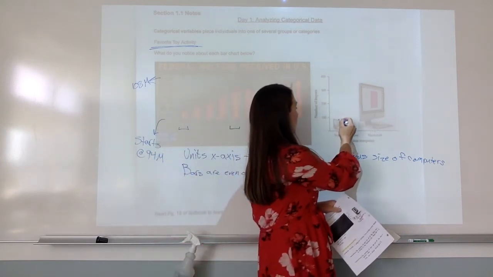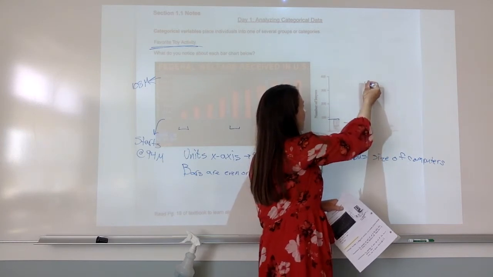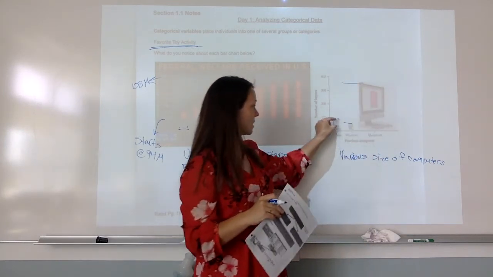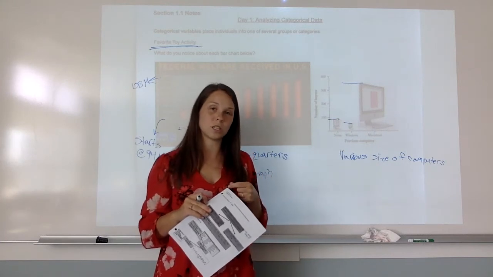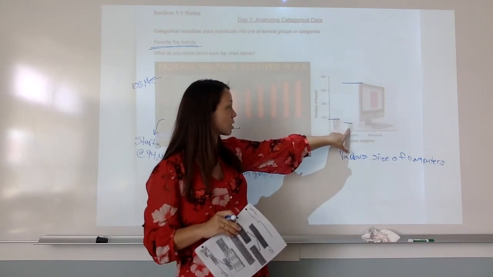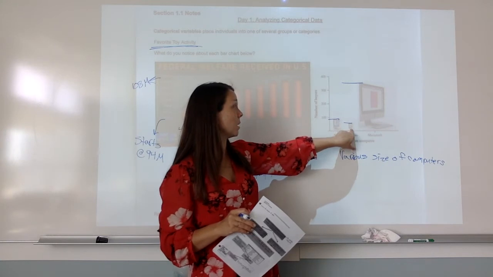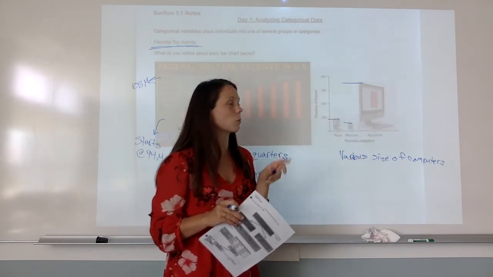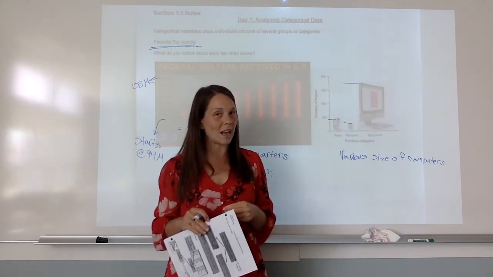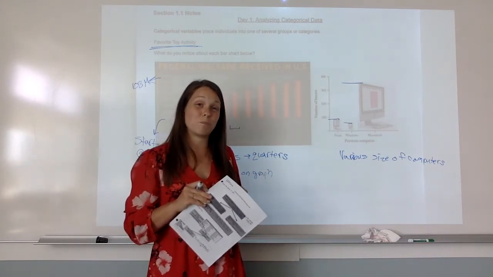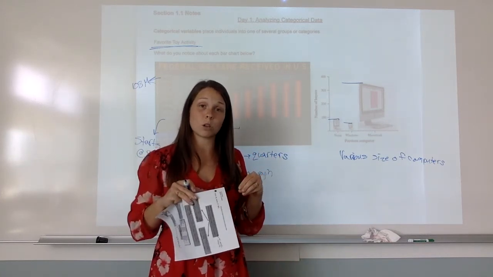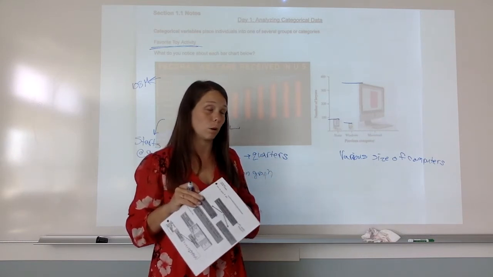So really what they're comparing are these heights, not necessarily the area of those pictures themselves. It makes it look like this computer is so itty bitty in comparison to these other ones, but really it's not as drastic as it's making it appear, because it draws your eye to the area of those computers versus just the height of those computers.